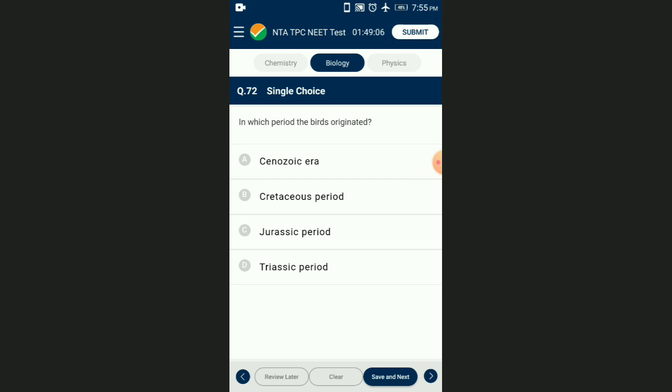In searching for the first ancestor of modern birds, Archaeopteryx was a Jurassic period bird which had teeth in its beak, and it is a connecting link between reptiles and birds. So the answer for this question is option B, Cretaceous period. During the Cretaceous period, birds originated.